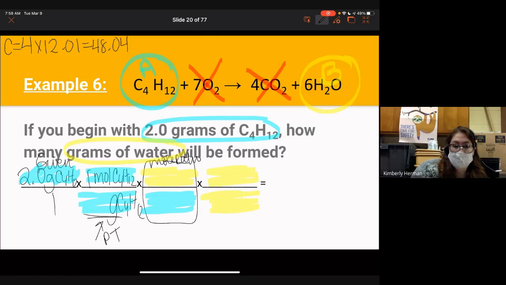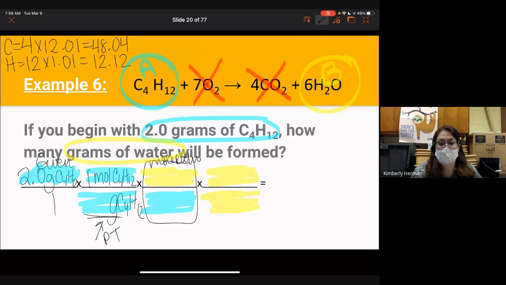And then we have H, which is 12 times 1.01, and we're going to get 12.12. So we just need to add up these two to find our answer. So hopefully you have your calculator out and ready to go. If we do 48.04 plus 12.12, we're going to see we get 60.16 as our bottom part.